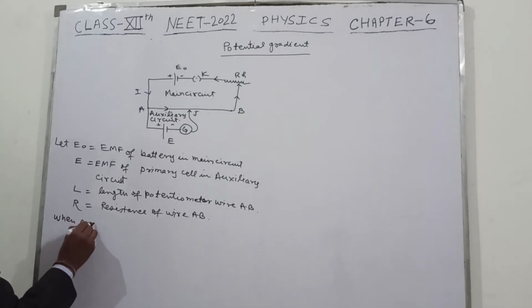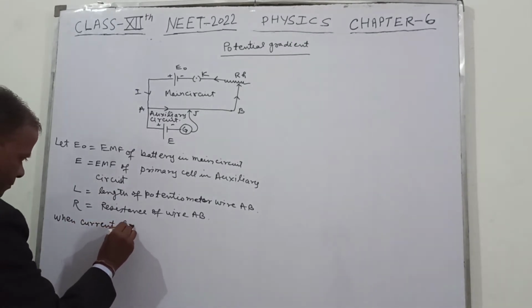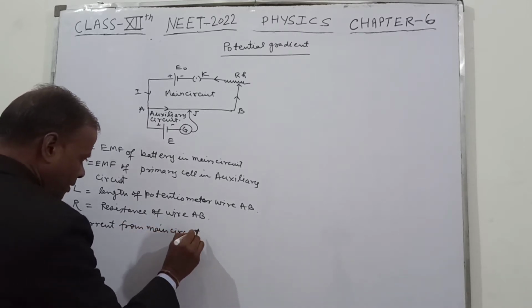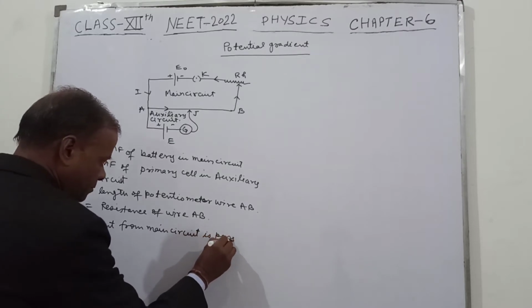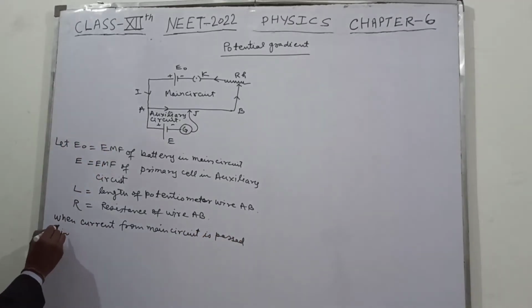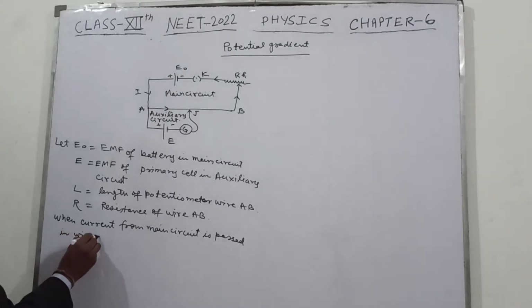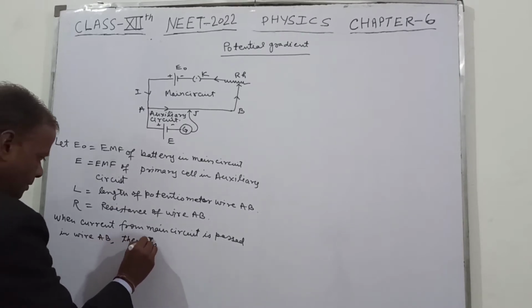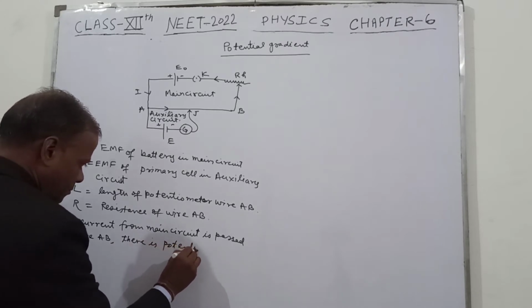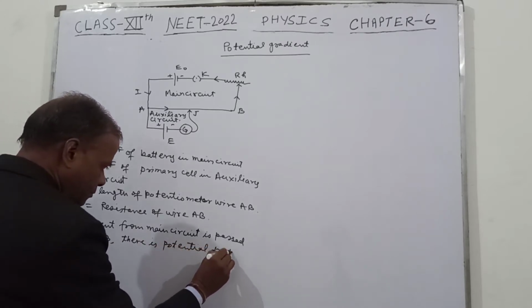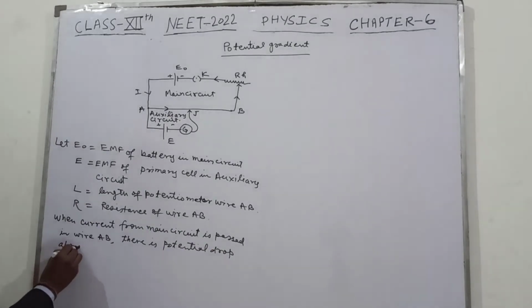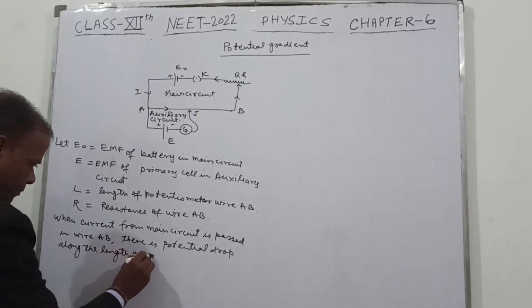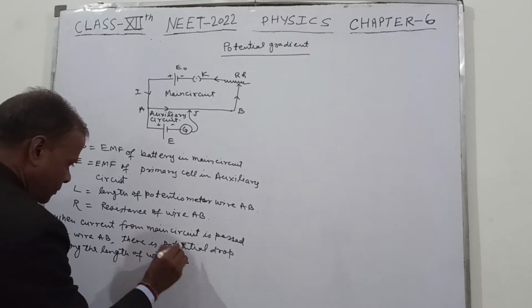When current from the main circuit is passed in wire AB, there is a potential drop along the length of the wire.